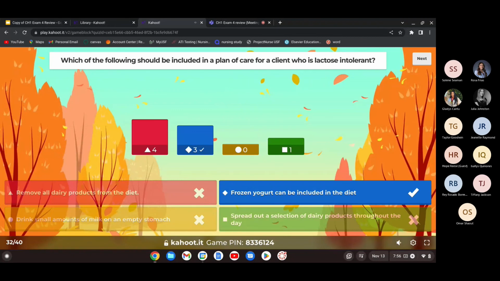If someone's lactose intolerant, they're missing the lactase enzyme, so they have a very hard time digesting lactose. They're not allergic to dairy, so we want to teach them to have foods that still have all the really awesome vitamins and minerals that dairy and calcium provide, but that just don't have lactose. A lot of our frozen yogurt or Greek yogurt doesn't have lactose in it.